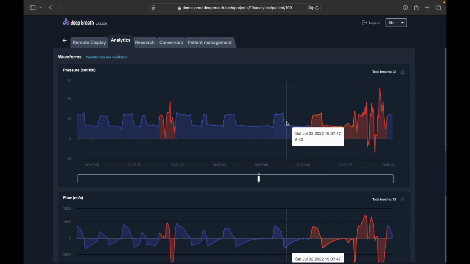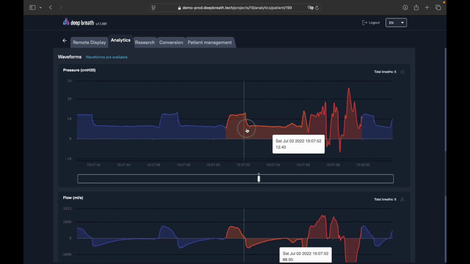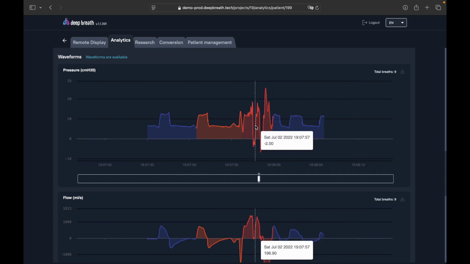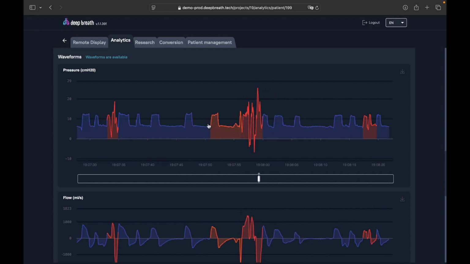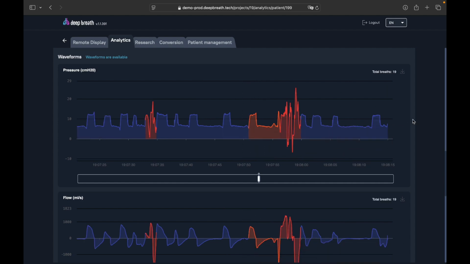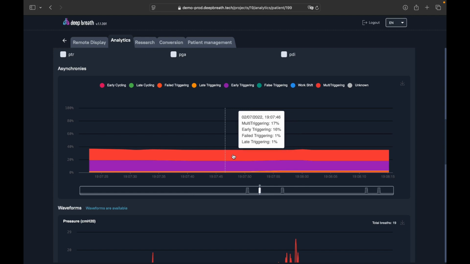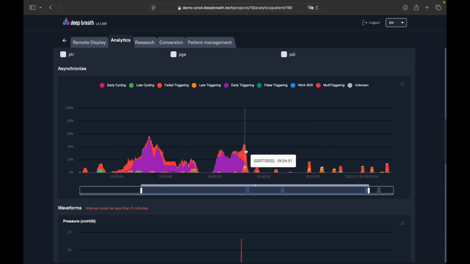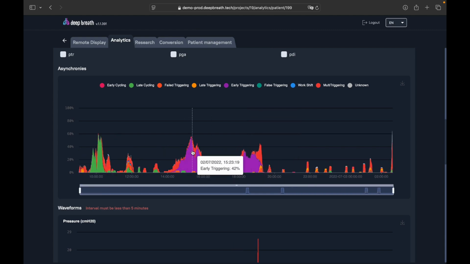So we also see an ineffective effort, and we see reverse triggering led to double triggering, and it's quite frequent here. So that's how DBRES can allow you to detect this. We see the full statistics of the frequency of these asynchronies. We see how many of them, how frequent they are, and again, if it's in real time, of course it can be prevented, and I hope it will be done in future.